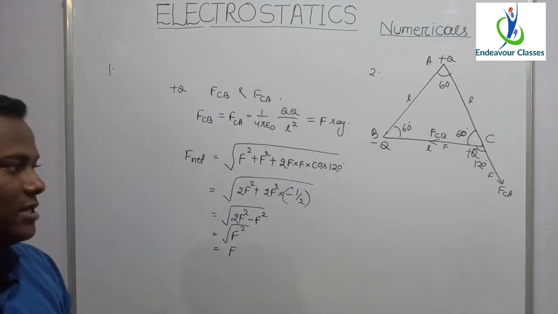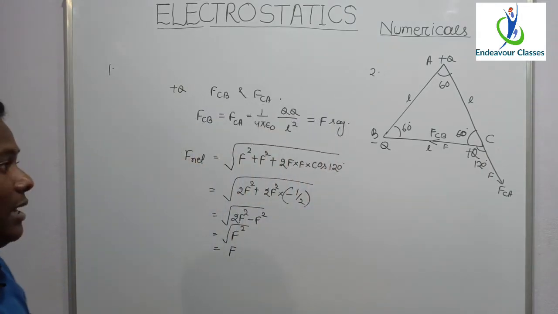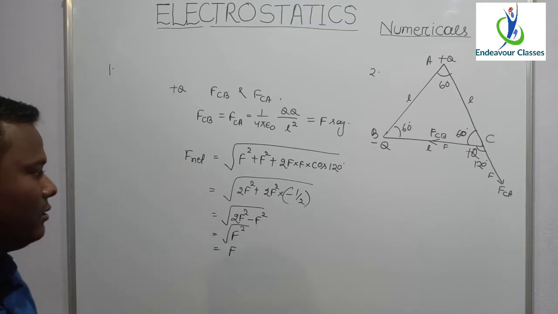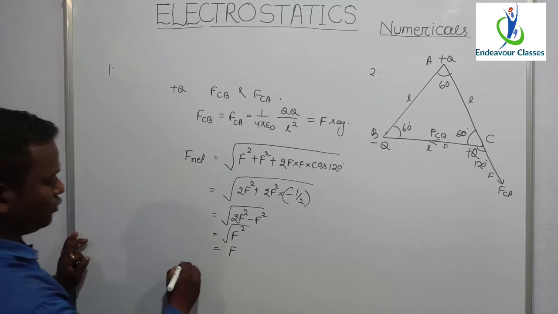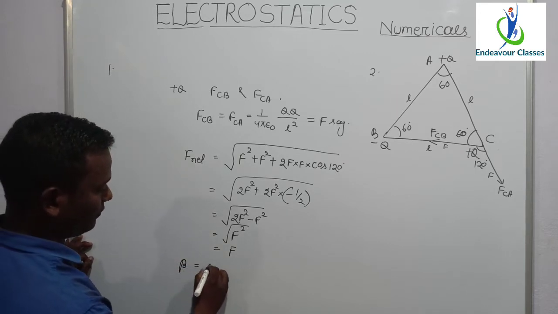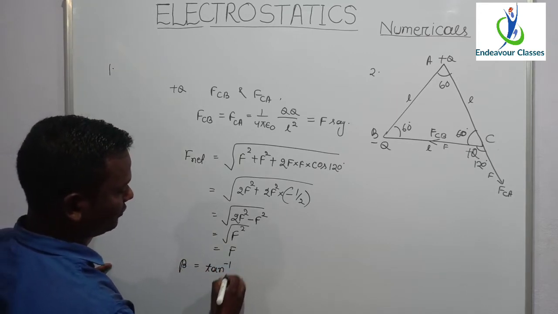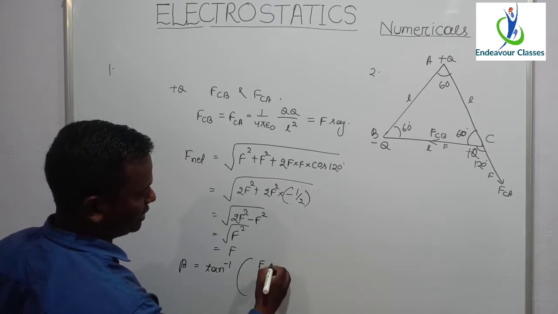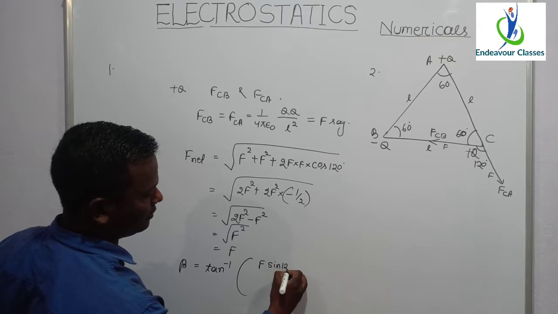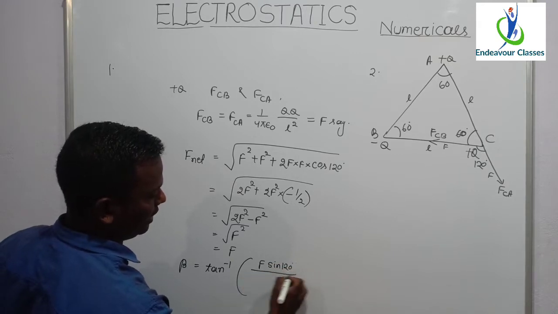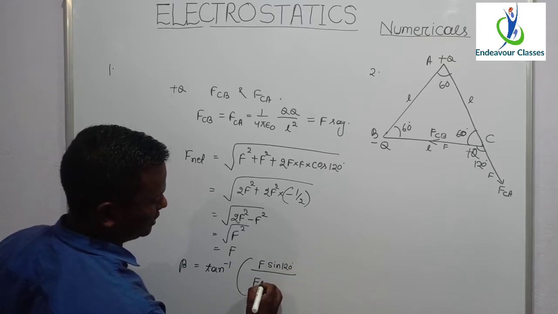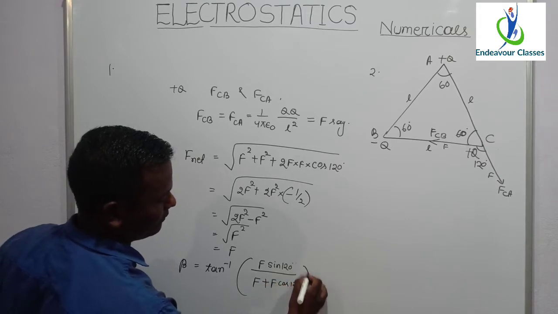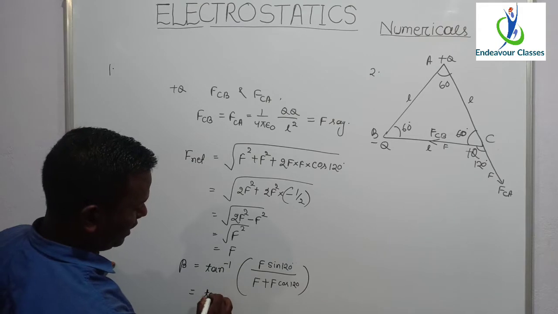But in which direction this F will go can be calculated by finding the angle made by the resultant. So here beta will be equal to tan inverse of F sin theta, that means F sin 120 degree, divided by P plus Q cos theta, that means F plus F cos 120 degree.